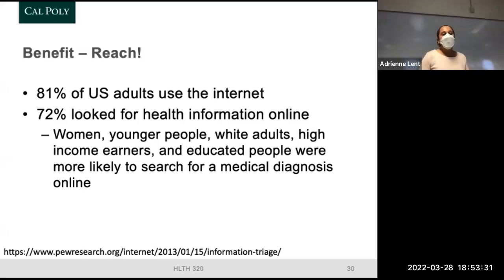And 72% of them looked for health information online. Women, younger people, white adults, high-income earners, and educated people were more likely to search for a medical diagnosis online. So those are the groups with higher rates of looking for health information online.